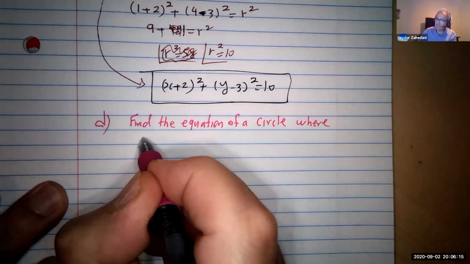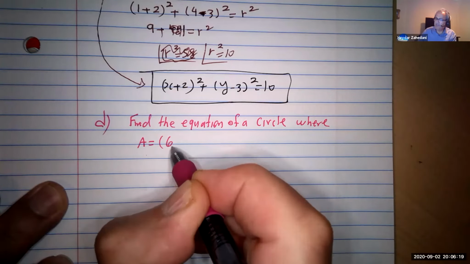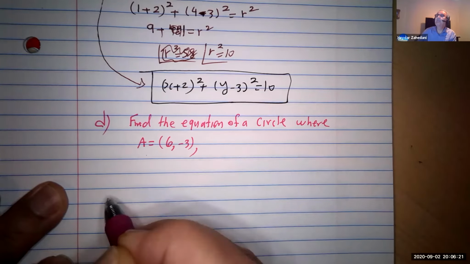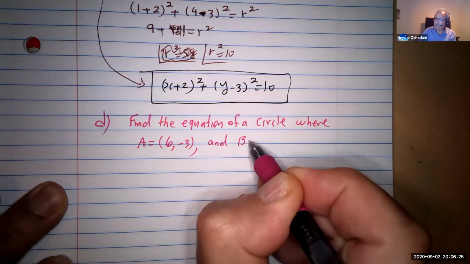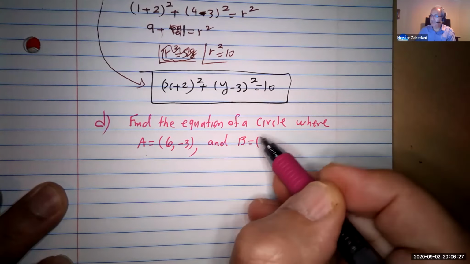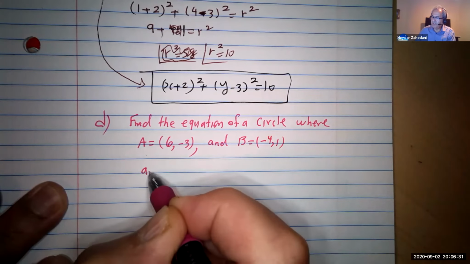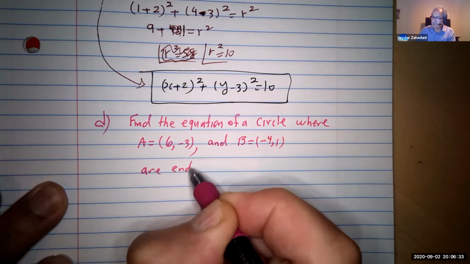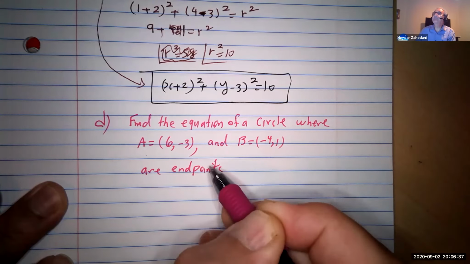Let's say the point A is equal to 6, comma, -3, and another point B is equal to -4, 1. These are going to be the endpoints of a diameter.